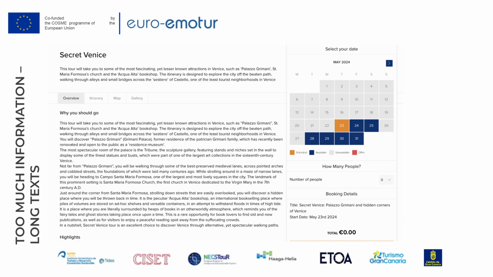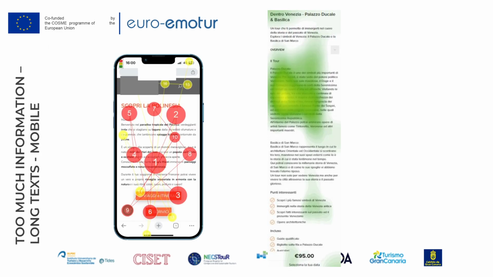This is even worse in the case of mobile, the mobile version of the website. On the desktop version, maybe something ends up being read, but on the mobile version, and you can see an example here, we tend not to read.